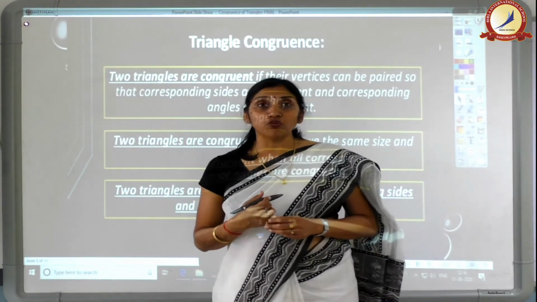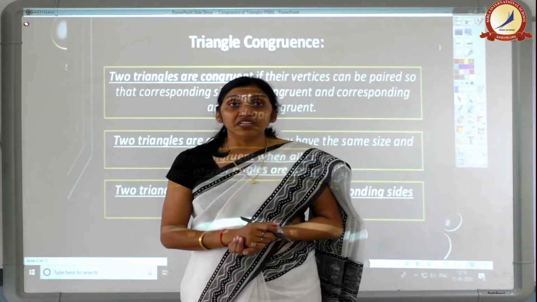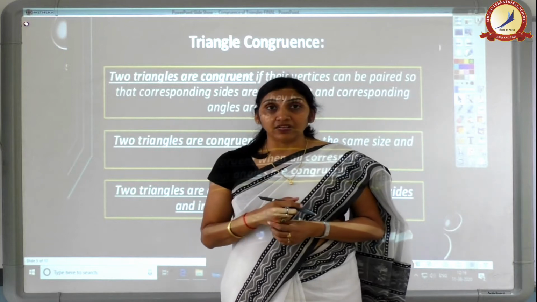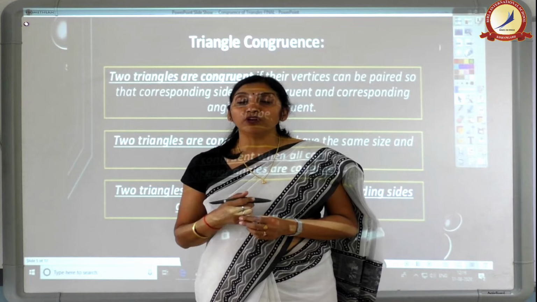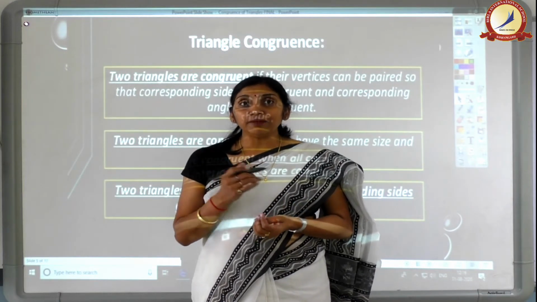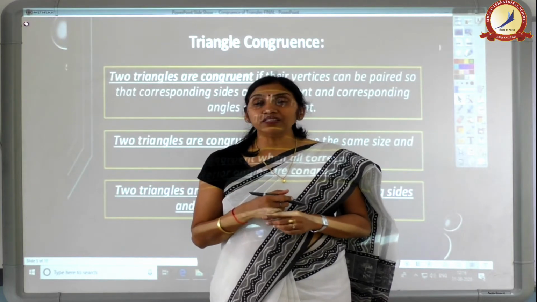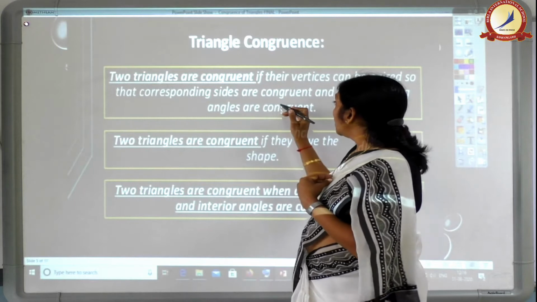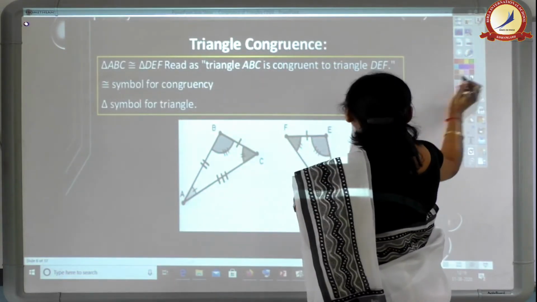Two triangles are congruent, as I say, if we superimpose one on the other, the vertices should be paired, and a vertex of one triangle should be paired with the corresponding vertex of the other triangle. When you overlap one on the other, it may happen that you have to rotate the figure also. That is why we use corresponding sides.